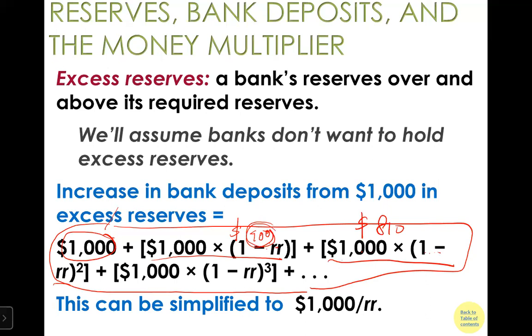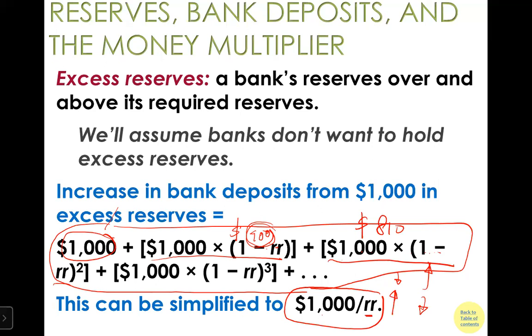This process will keep moving, like the multiplier we discussed earlier. Towards the end, the bank will help the economy generate this amount of money supply: 1,000 divided by RR. From here you can see the larger the RR, the smaller the money supply. The smaller the reserve ratio, the larger the money supply.